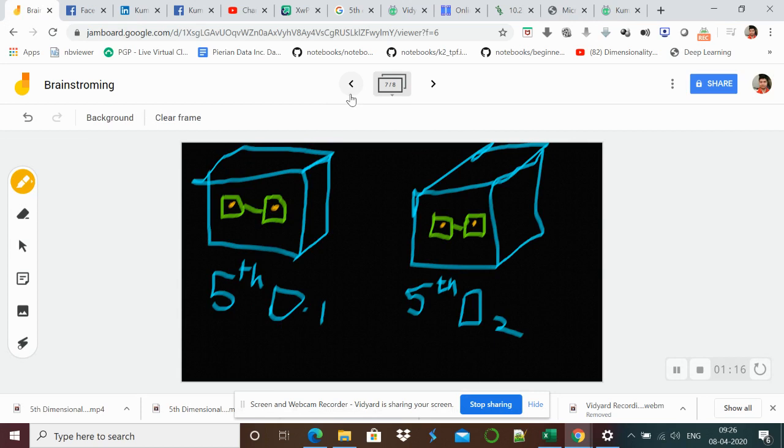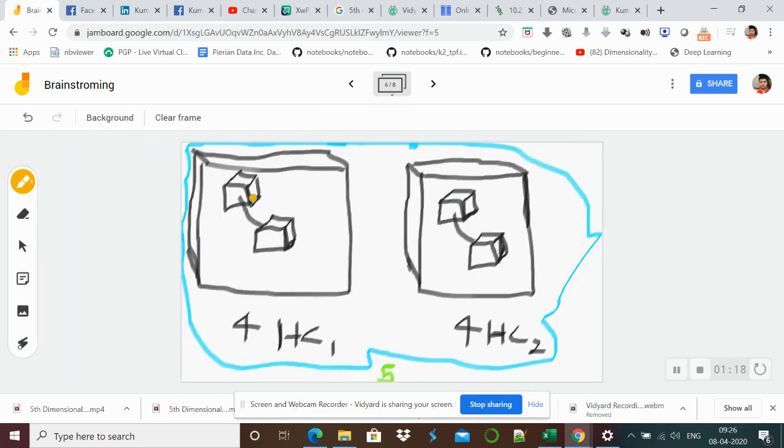As I told you previously, there is a four-dimensional hypercube, and inside that we have three-dimensional cubes. This whole structure is included in one single fifth dimensional hypercube.